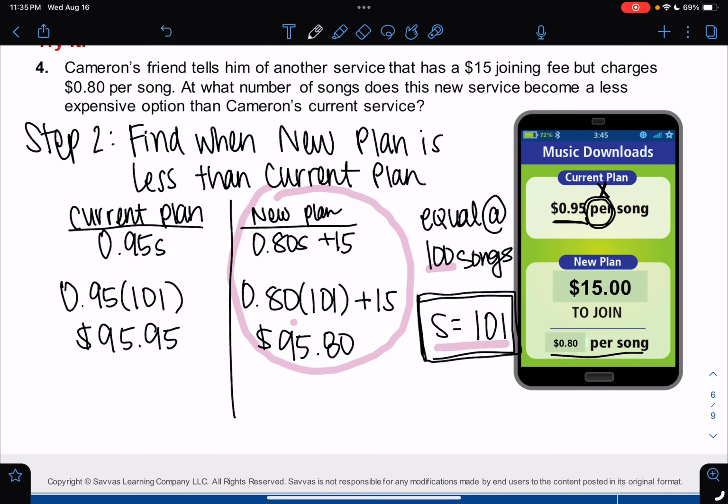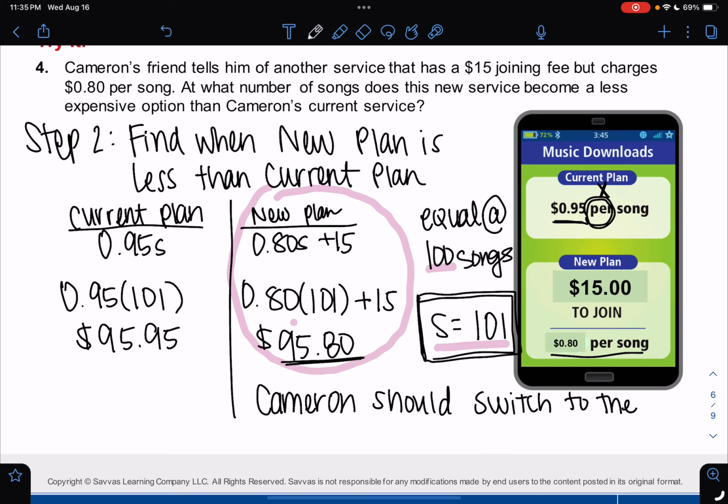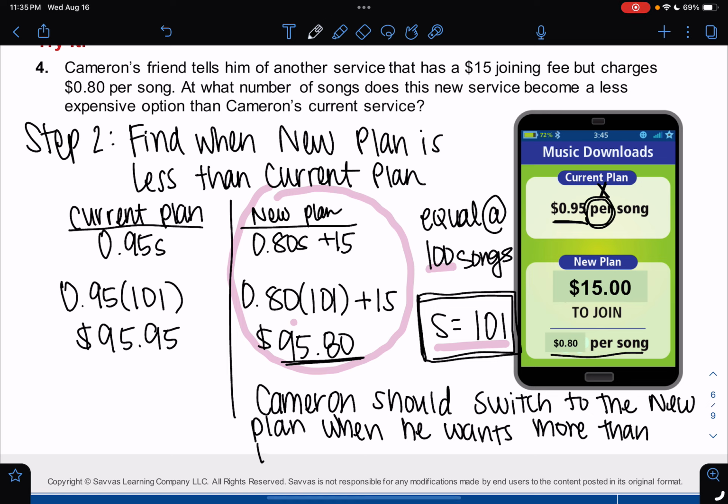All right, so since we had a cheaper option here, we know that Cameron should switch to the new plan when he wants more than 100 songs, which I feel like anybody wants that.